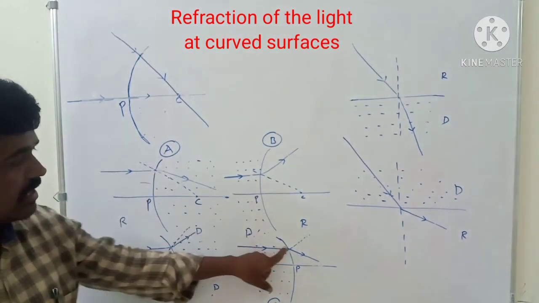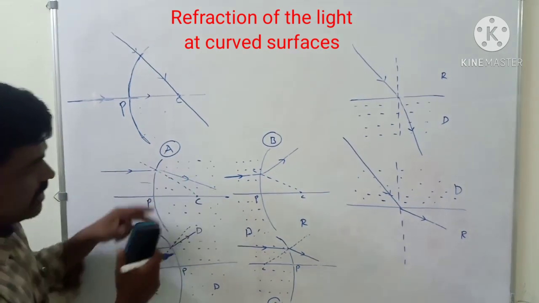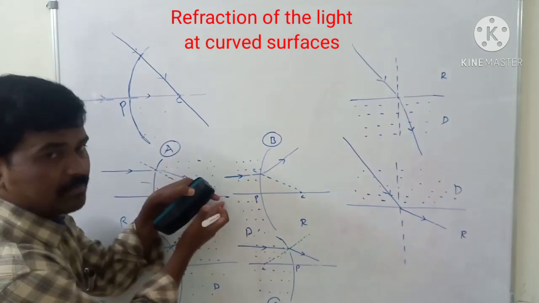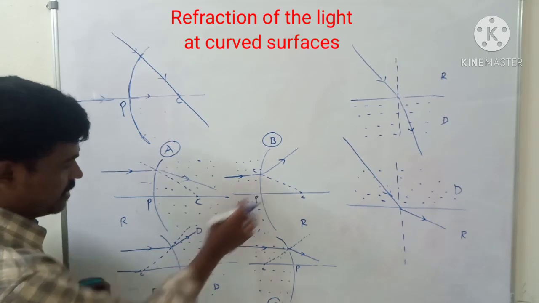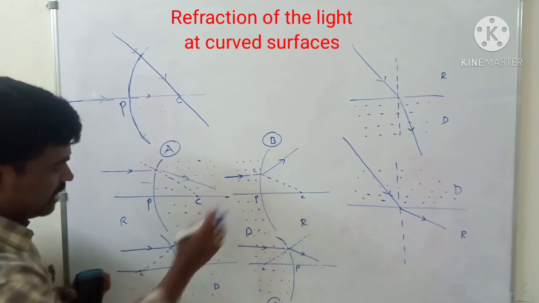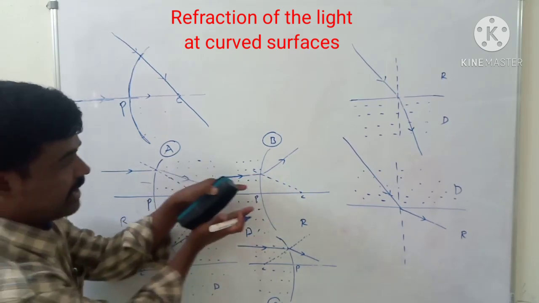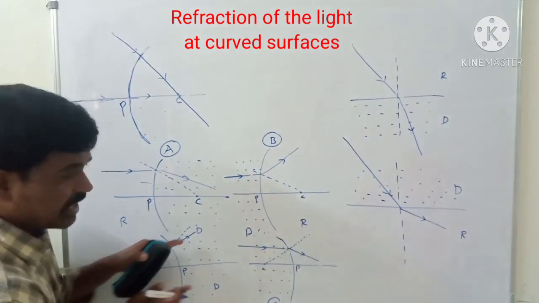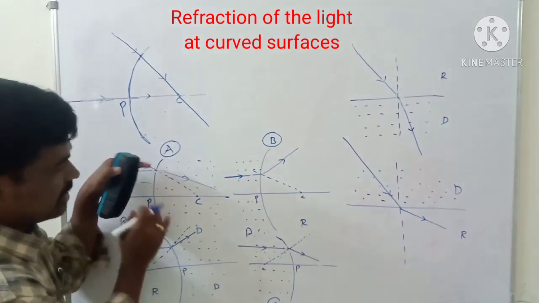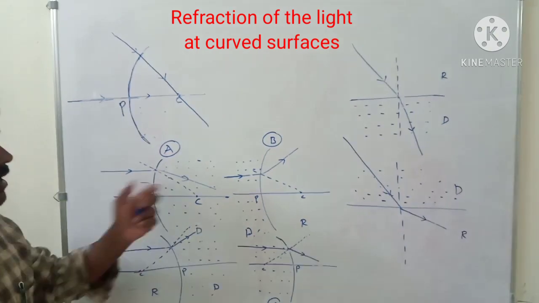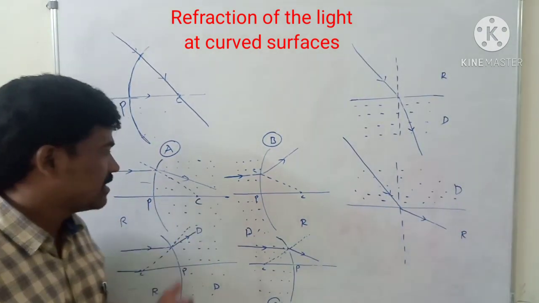Here the light rays are converging, as if they are going to connect at some point. Here they look like they are emanating from some place, so they are diverging. Here it is converging. This is about curved surfaces.